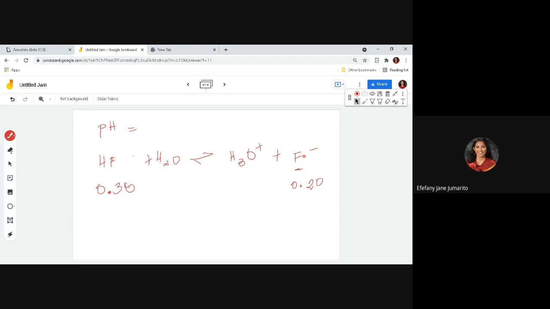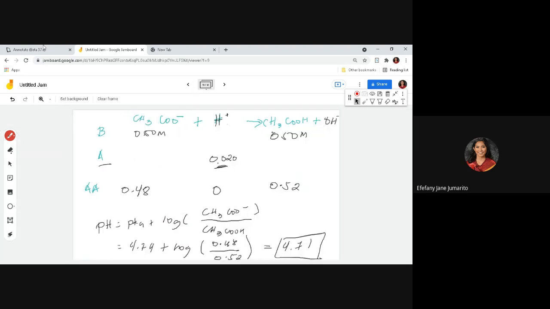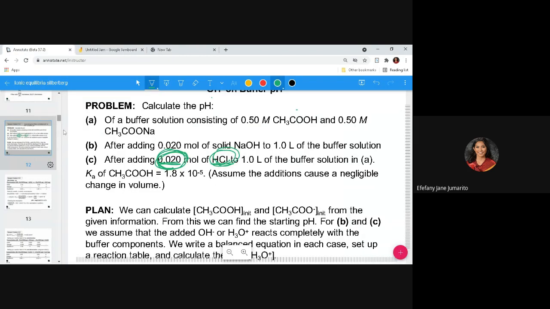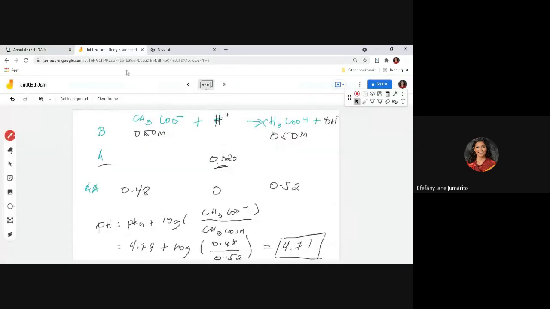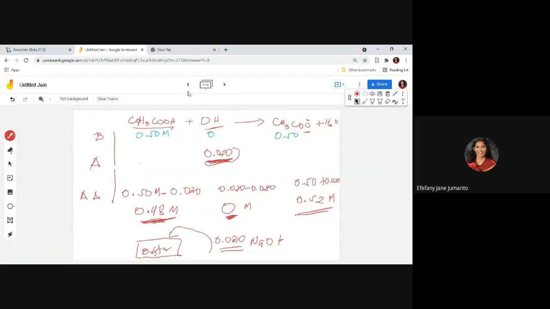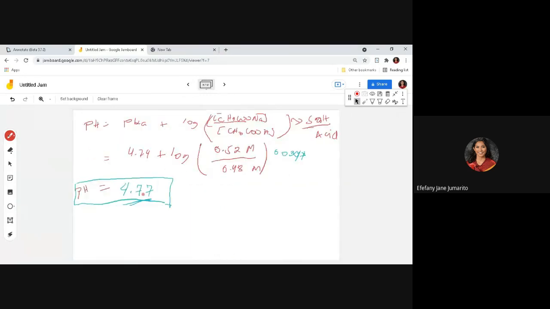That is effective because your buffer can resist pH change, so there will be only slight changes in pH. Going back to our problem, we have 0.50 of the weak acid and 0.50 of your conjugate base, so it has the same. That's why the difference in pH is very small.